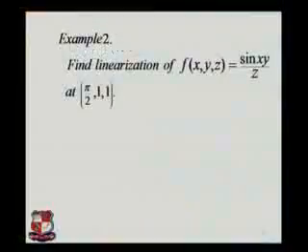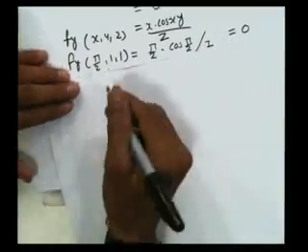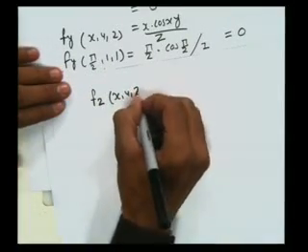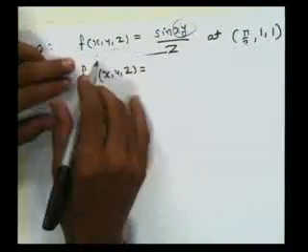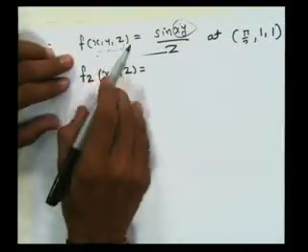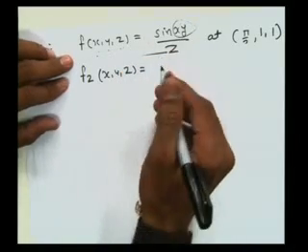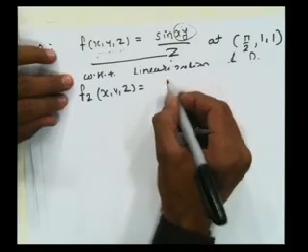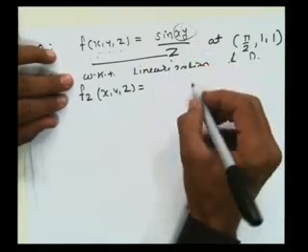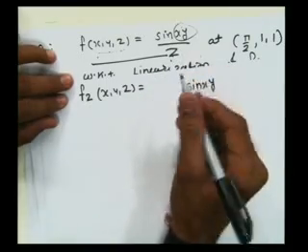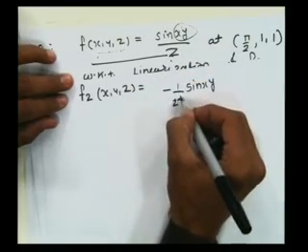Next we find fz. fz(x, y, z) means differentiation of sin(xy)/z with respect to z. Here sin(xy) will work as a constant, so sin(xy) stays as it is, and differentiation of 1/z is −1/z².